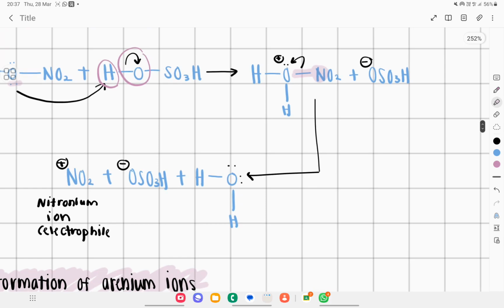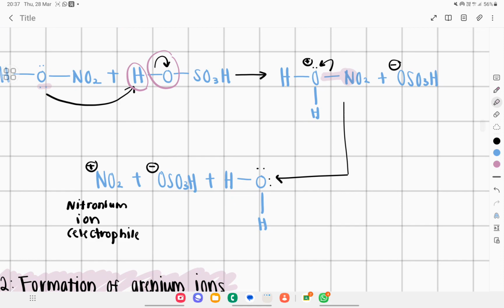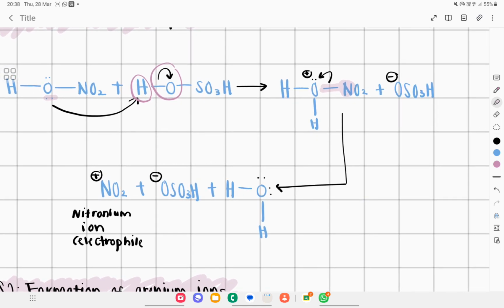Now let's move to the bottom part right here. This is the protonation step. This step forms the nitronium ion, which is NO2+, and the bisulfate ion, which I also struggled to pronounce earlier, with the negative charge, HSO4-.